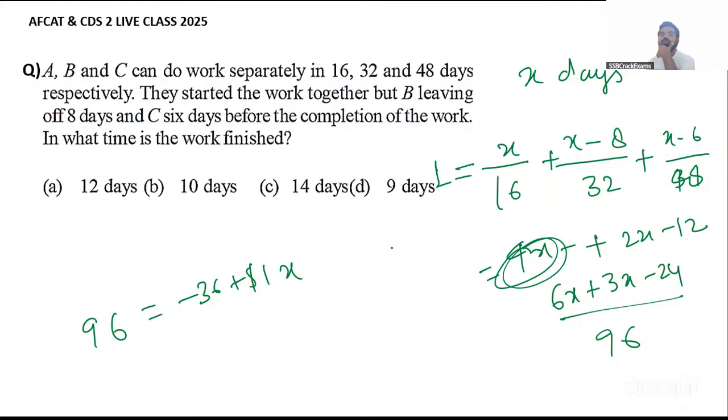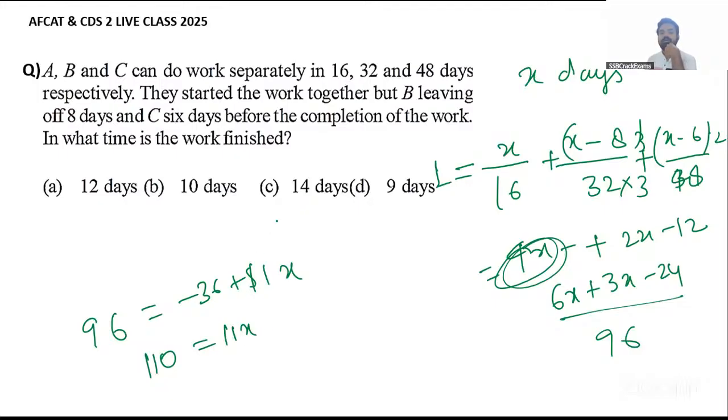What will be the transformed equation? It is 2 times 2x minus 12, it is 3 times x minus 8, giving 3x minus 24. So it is 132 equal to 11x. You can solve this.